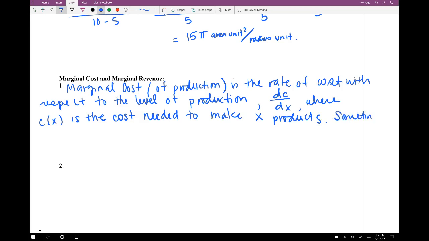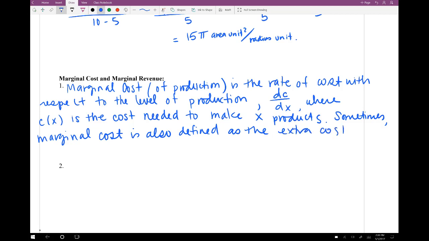Sometimes marginal cost is also defined as the extra cost of producing one more unit, which is x, okay?